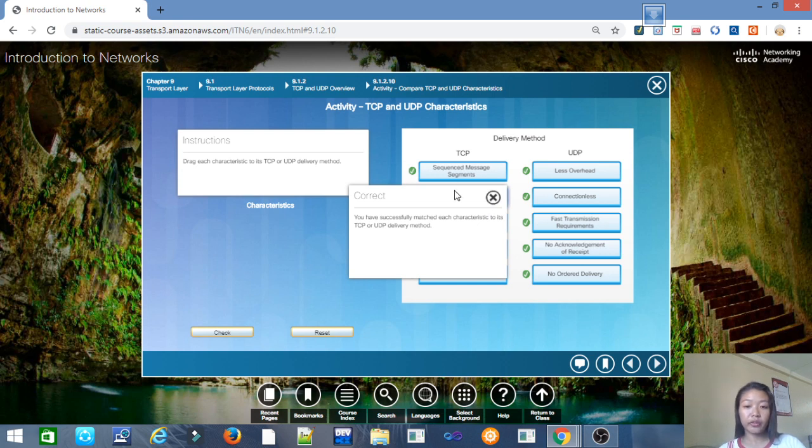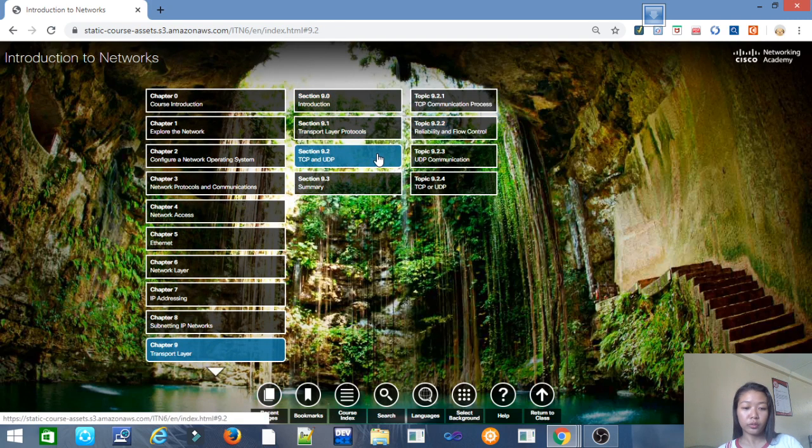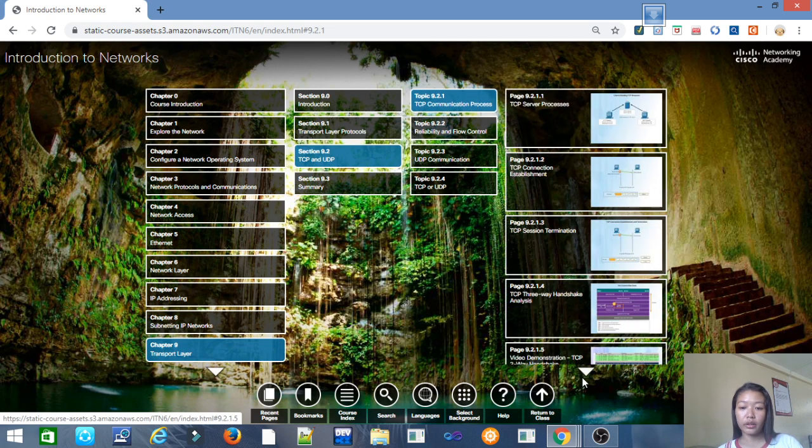Then for the next activity for Chapter 9, we will find it on page 9.2.1.7.